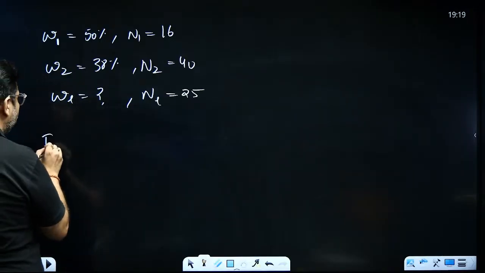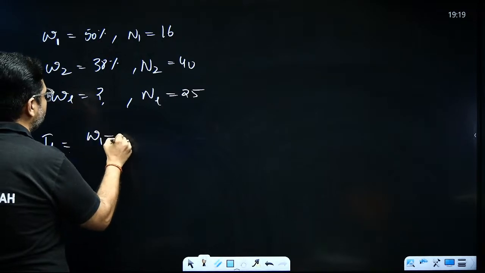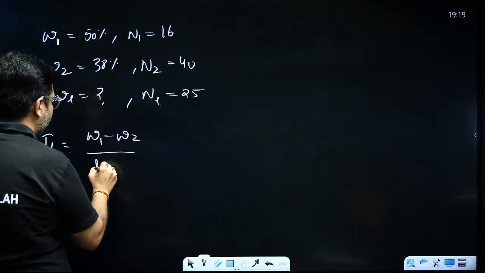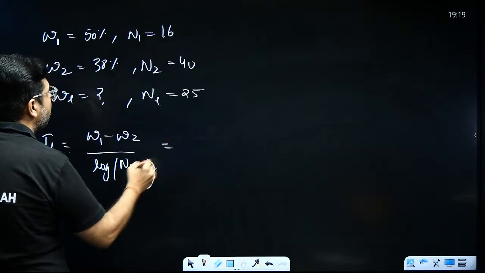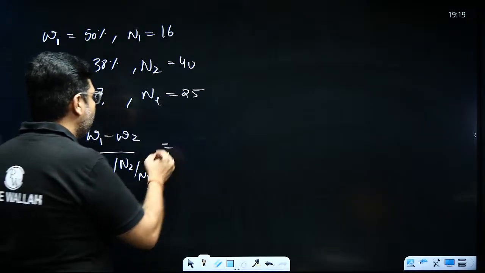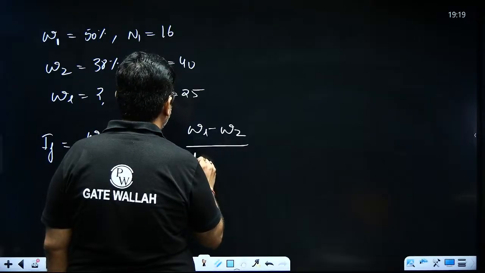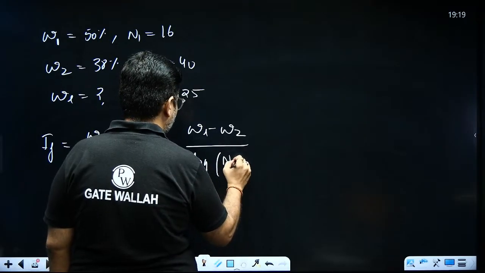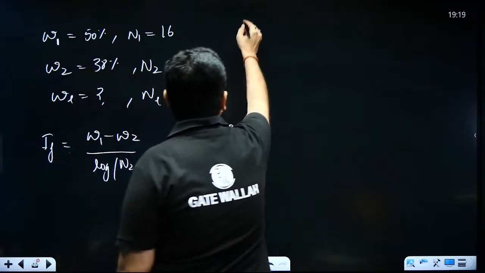Now, IF is equal to what? W1 minus W2 log of N2 by N1 is equal to WL minus W2 log of N2 by NL. Substitute everything, you will get the answer.